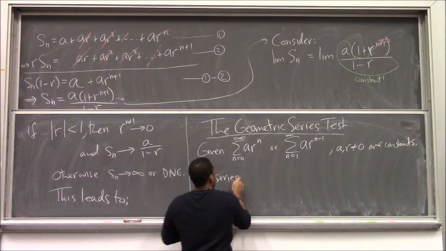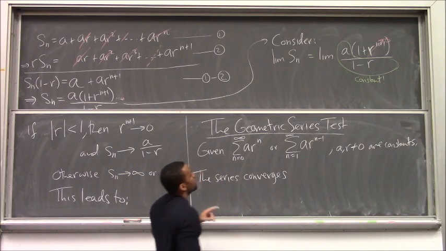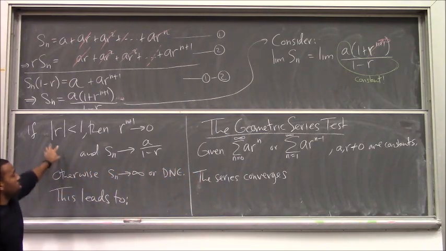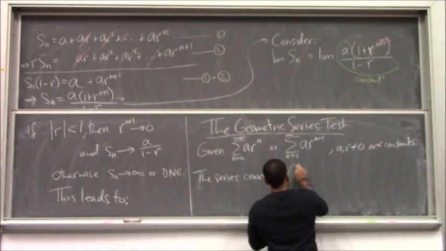The series converges. In fact, as you can see, whether we have the positive or negative actually didn't matter. So not only does it converge, but it actually converges absolutely.